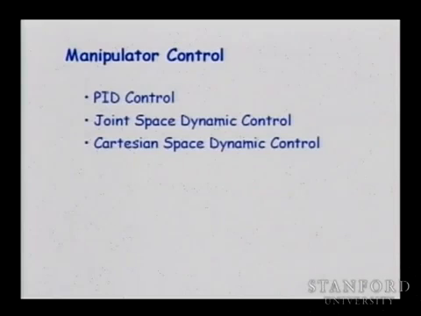In control, I'm going to assume also little background in control, so we will go over just a single mass spring system and analyze it, and then we will examine controllers such as PD controllers or PID controllers, proportional derivative or proportional integral derivative, and then we apply these in joint space and in task space by augmenting the controllers with the dynamic structure so that we account for the dynamics when we are controlling the robot.